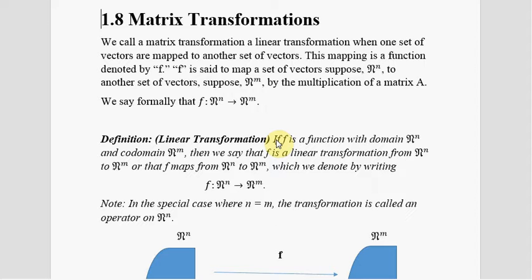Here's the key: by the multiplication of a matrix A. So we say formally that this function, we call it f here, but for matrices it's a capital T for the transformation. So the transformation, the function that maps vectors from Rn over into Rm. How does that happen? It simply happens by a matrix A that you multiply on a vector.